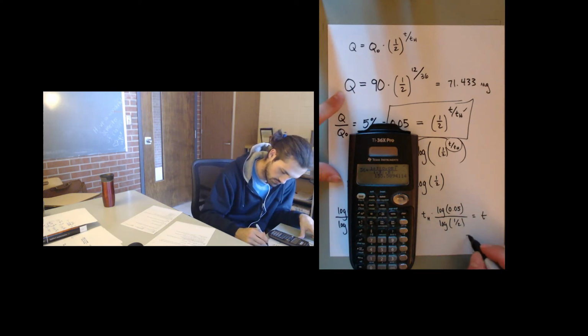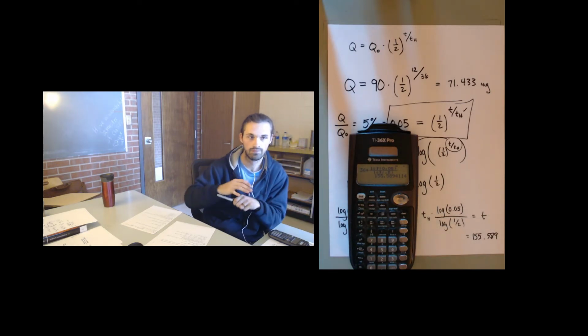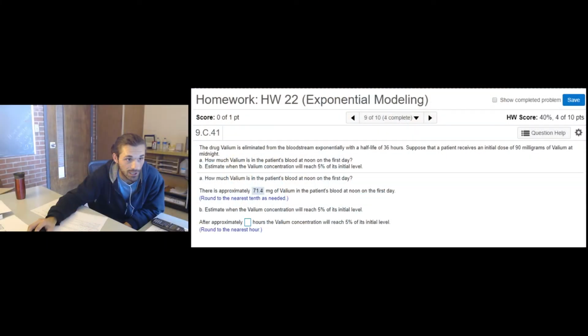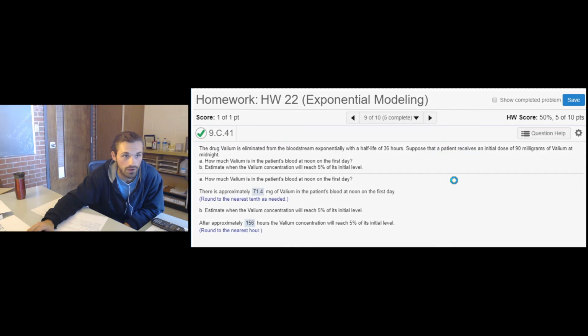That gives 155.589. Round to the nearest hour, so 156 hours. The Valium concentration will be 5%. Nailed it.